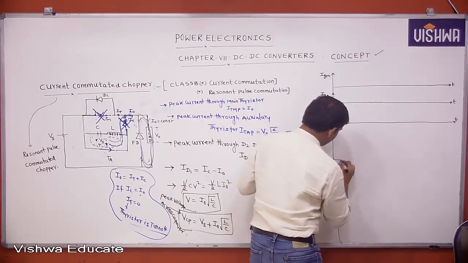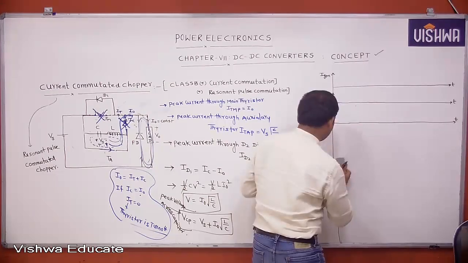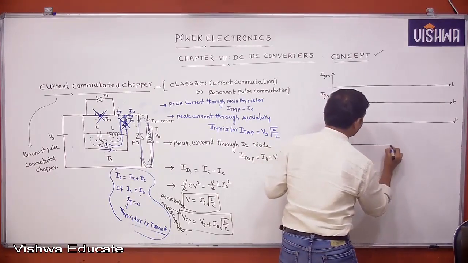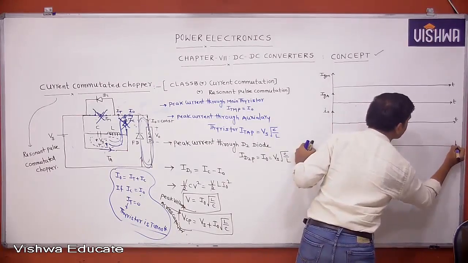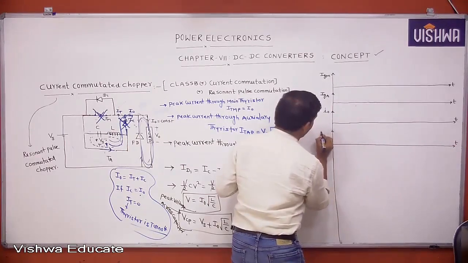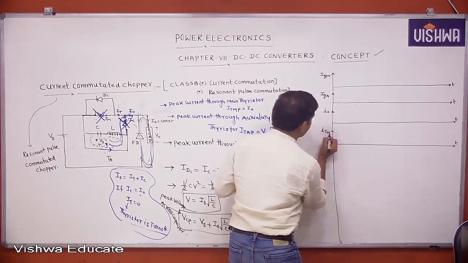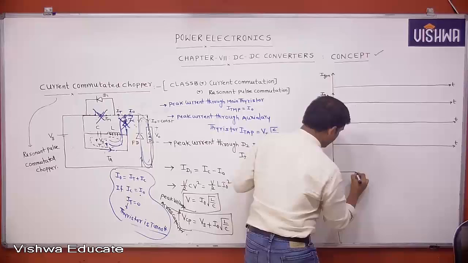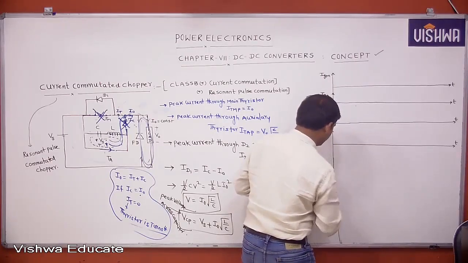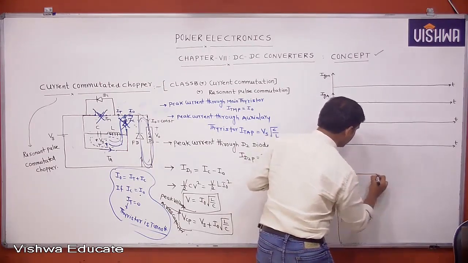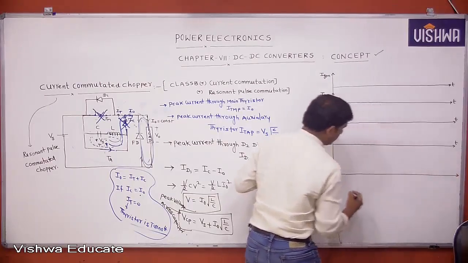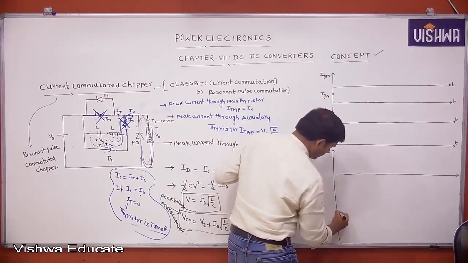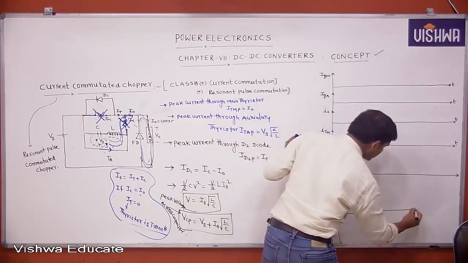Let this be the current through the main thyristor. Let this be the IC waveform. And let this be the voltage across the capacitor waveform.